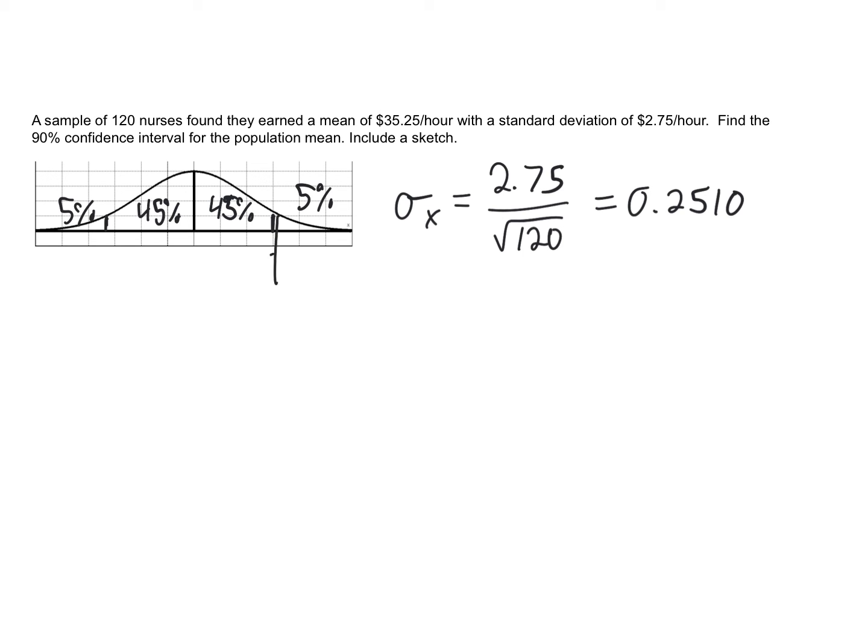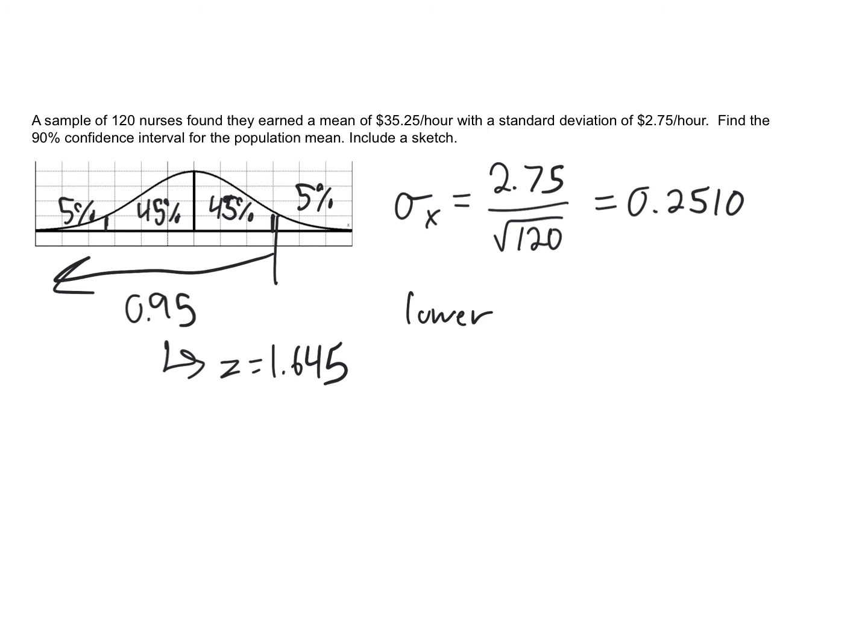Now to do a reverse lookup, we're going to have to reverse look up 0.95, which will give us a z of 1.645. Now confidence interval, we need a range. We're going to have a lower, which will be, and an upper.